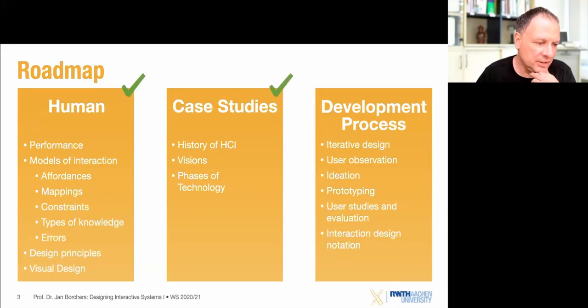So how do you actually iteratively design prototypes? How do you observe users? How do you do idea development? How do you prototype without starting to write code from day one, which is going to be very unusual for you computer scientists out there? How do you run user studies and evaluations? And how do you write down what you learn about the interaction and specify it in a way so that it can then be implemented?